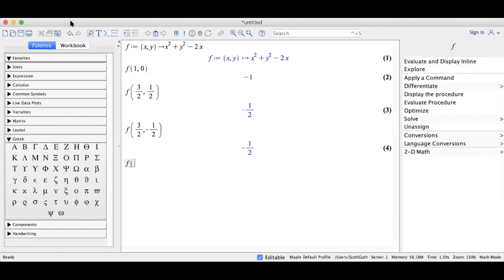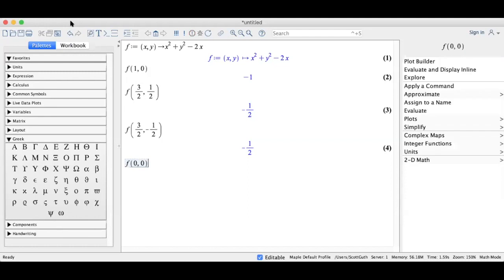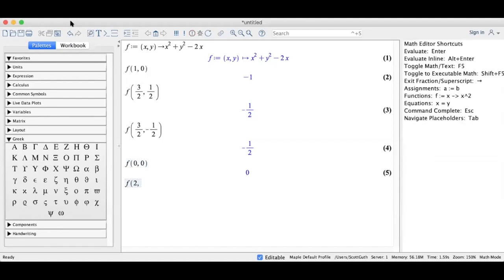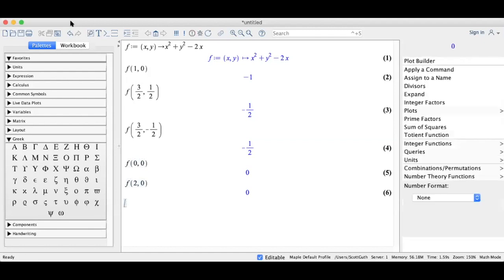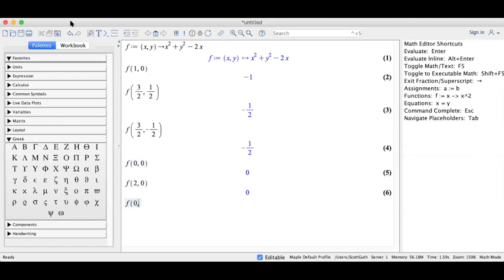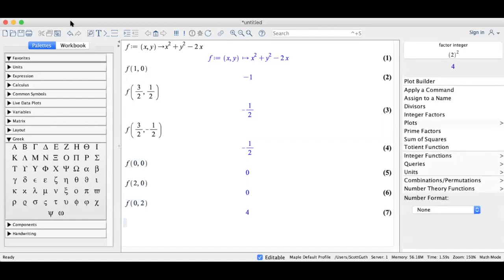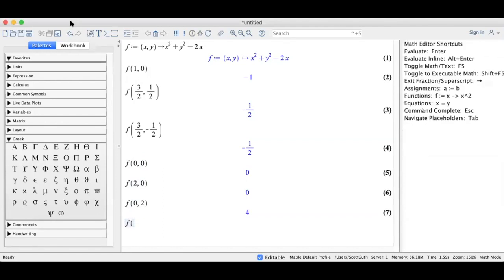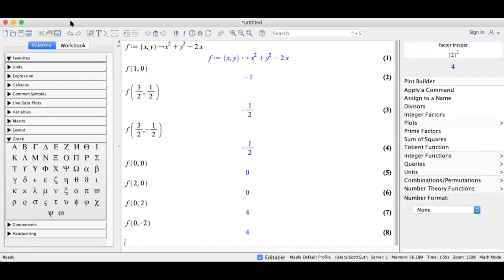We know what f of 0, 0 is. f of 2, 0. I guess most of this we could have done in our head. f of 0, 2. f of 0, -2. Okay, so I'm just going to fill those into the table that we made and move my share back to my iPad.